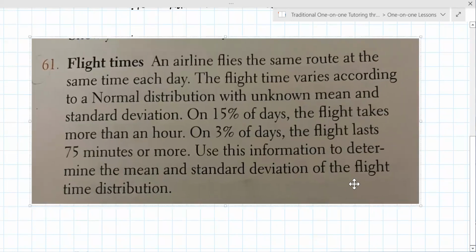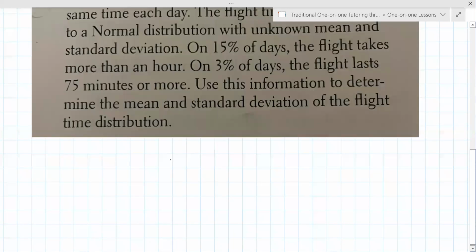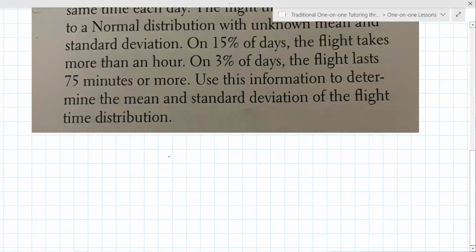But we can look at this. Although it does say it is according to a normal distribution with unknown mean and standard deviation. So a problem like this, usually when they tell you information like this, it's almost like they're creating what's called a probability chart.